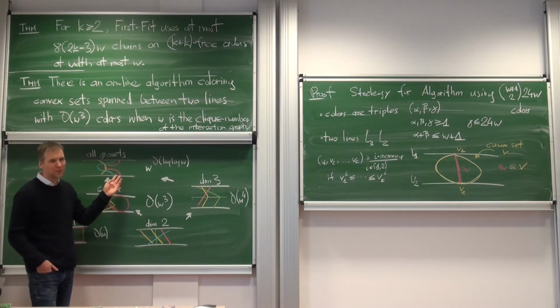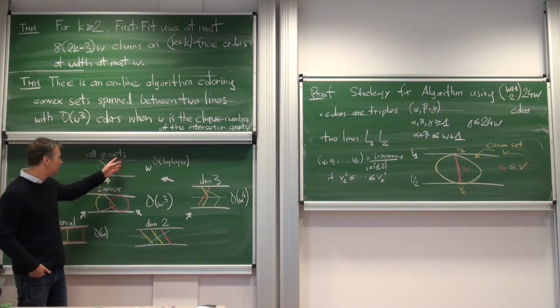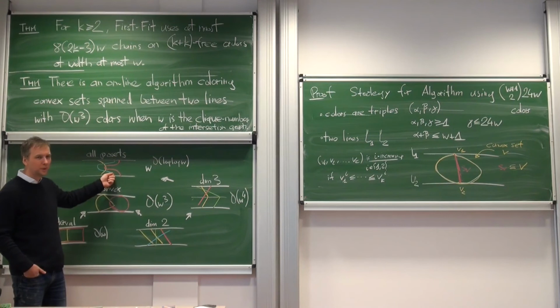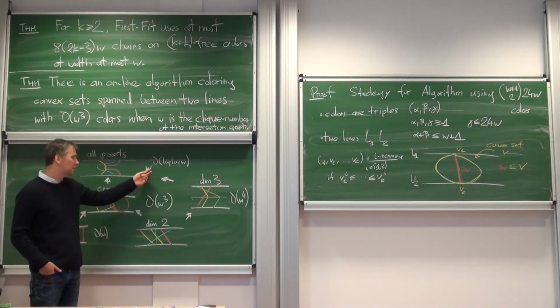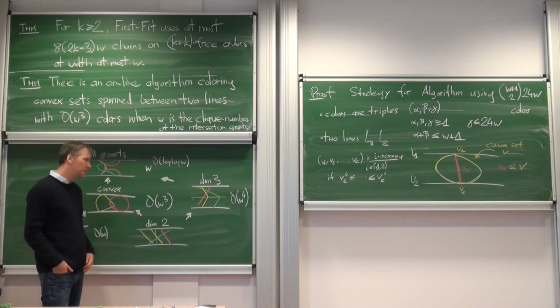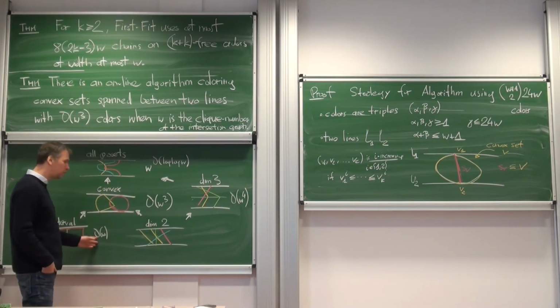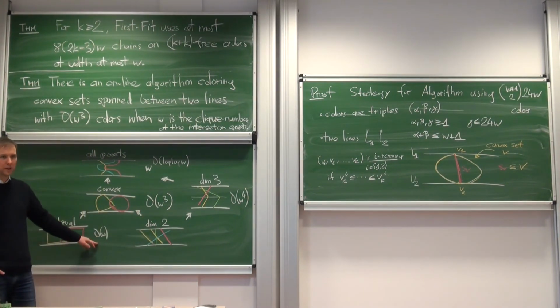It is easy to see that even if you present posets with the representation of the curves, you don't help the algorithm at all. It's the same problem as if you presented an abstract poset. So the general bound is all we know. And in the interval case, we know that it's 3 omega minus 2. First fit does 8 omega, but there's an online strategy to do 3w minus 2.